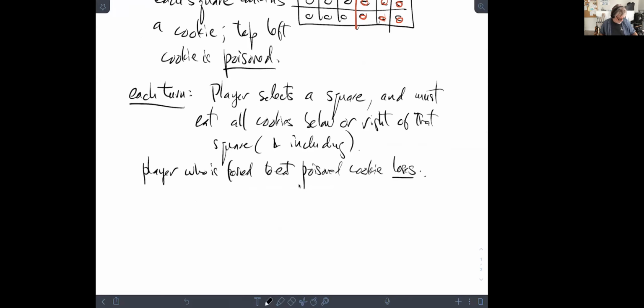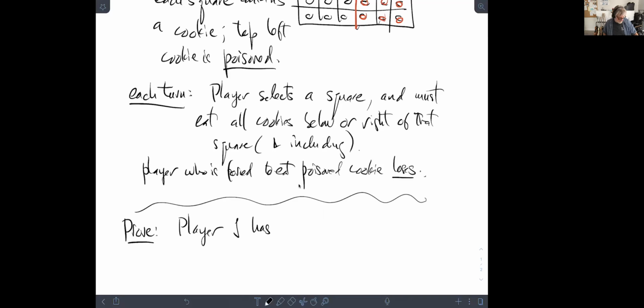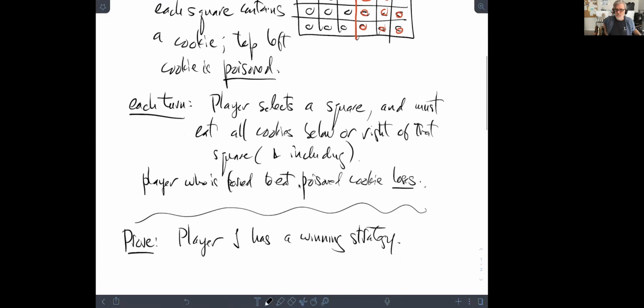So what's the question? We're asked to prove that player one has a winning strategy. And if you're really smart and inquisitive, you'll say this is false.